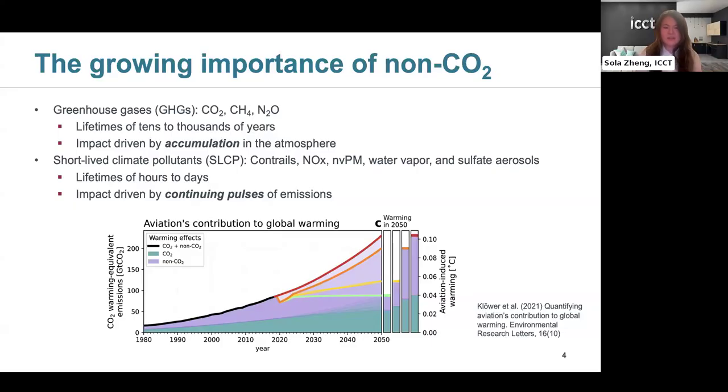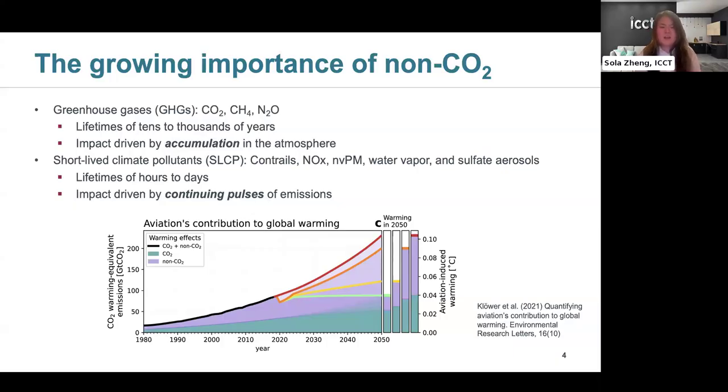And then this technology potential is really linked to the characteristics of non-CO2 pollutants. In this report, we really dive into the differences of mitigation potentials between greenhouse gases, which are carbon dioxide, methane, and nitrous oxides for the aviation sector. These pollutants last 10 to thousands of years in the atmosphere, and the cumulative amount of these pollutants really matters.